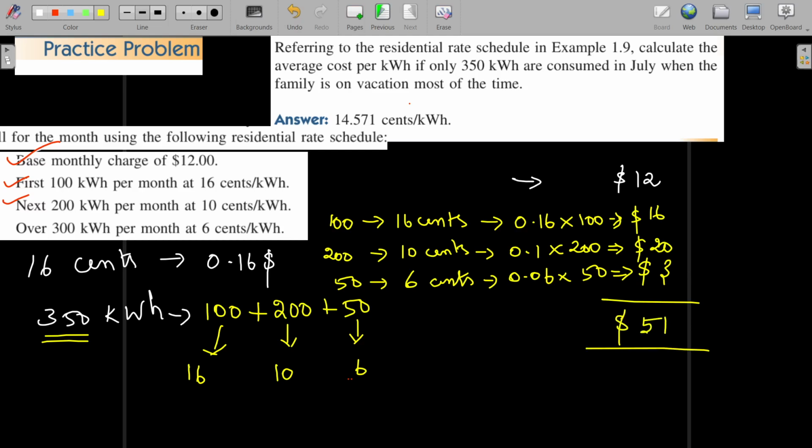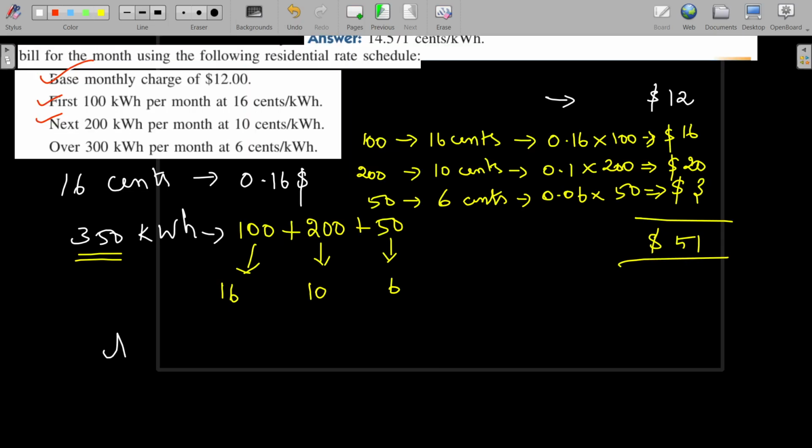When you have calculated the total cost, the next step is to calculate the average cost. How do you calculate the average cost per kilowatt hour? The concept is total cost divided by the consumption, 350 kilowatt hours. So the average cost per kilowatt hour, which is what is asked, is equal to the total cost of 51 divided by the total consumption of 350 kilowatt hours.